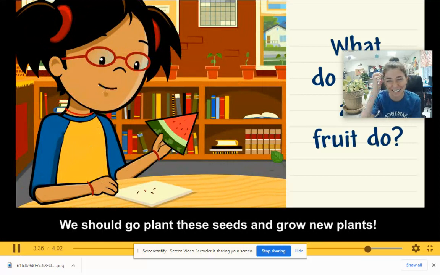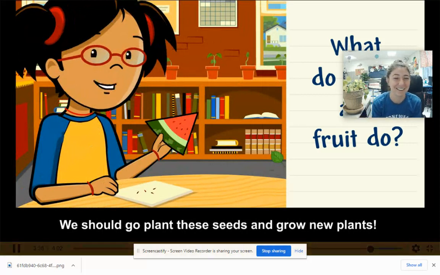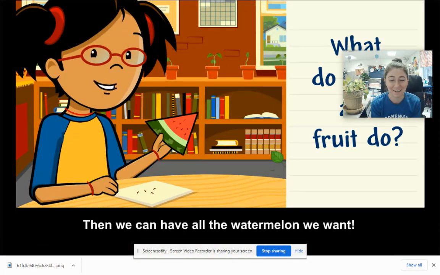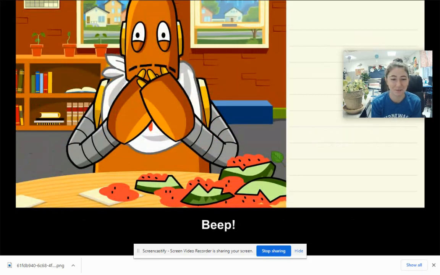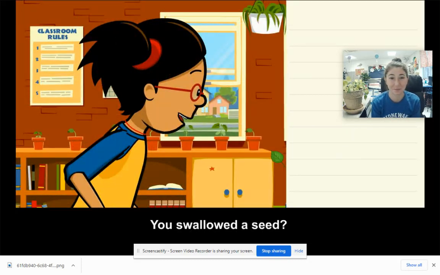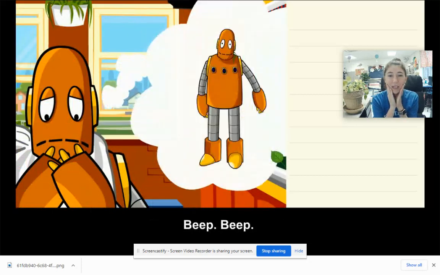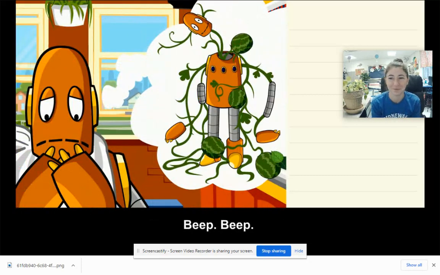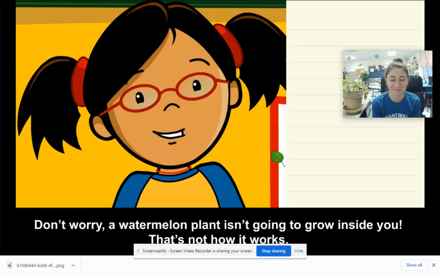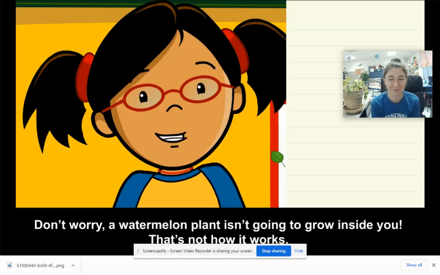You should go plant these seeds and grow new plants. Then you can have all the watermelon you want. You swallow the seed? He's going to grow one in his belly. Don't worry, a watermelon plant isn't going to grow inside you. That's not how it works.